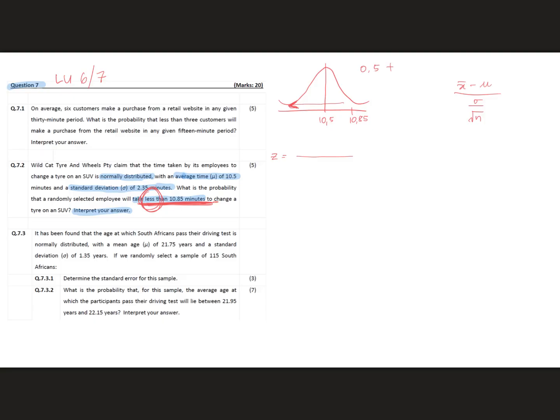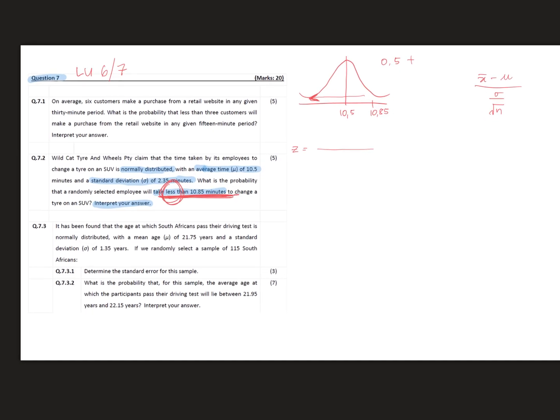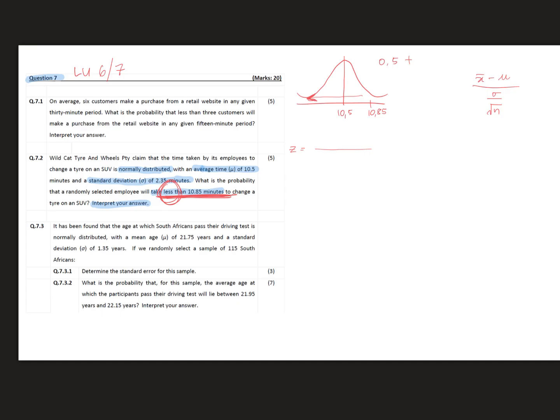With this, look at what was given to you, and everything here was given to you. You have x bar, that's the 10.85 that they gave you in the question itself. Sorry, I'm just going to erase the red parts that I had underlined or circled, and we're going to highlight.